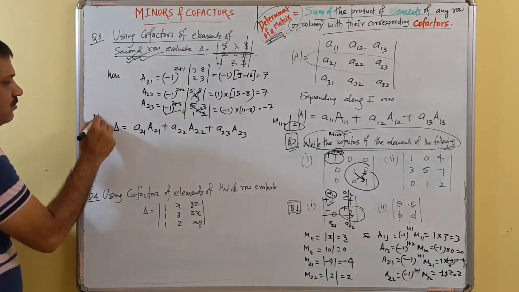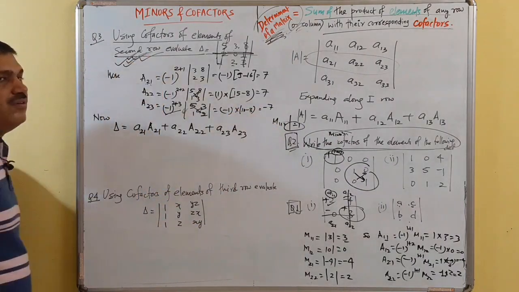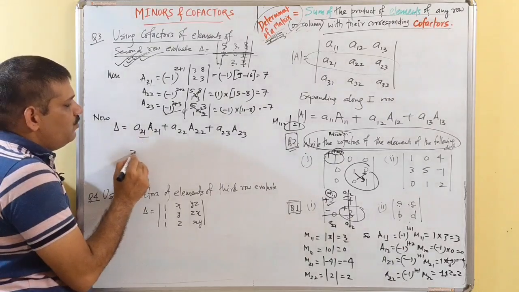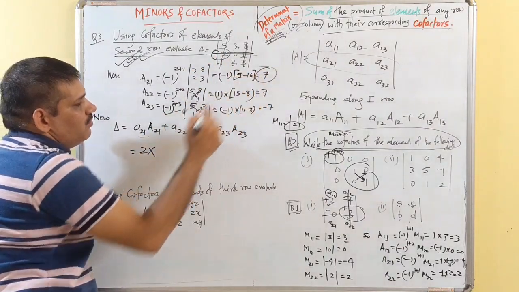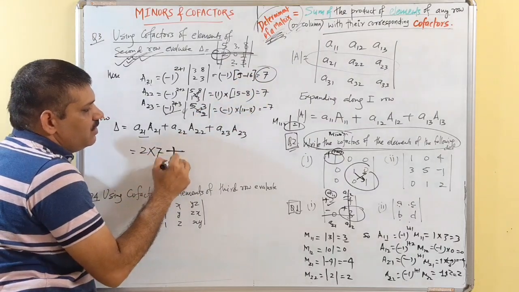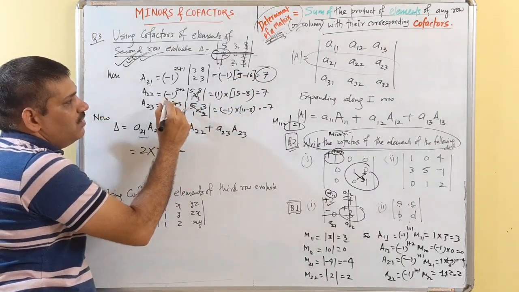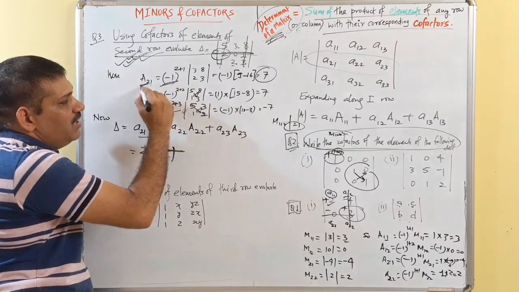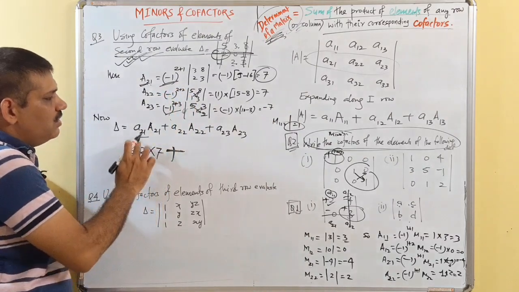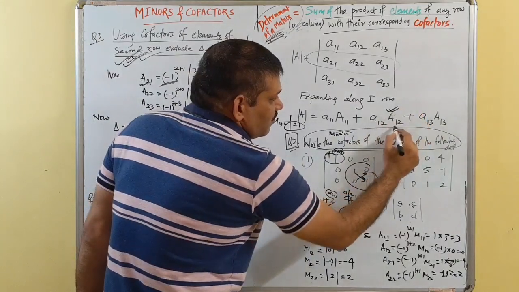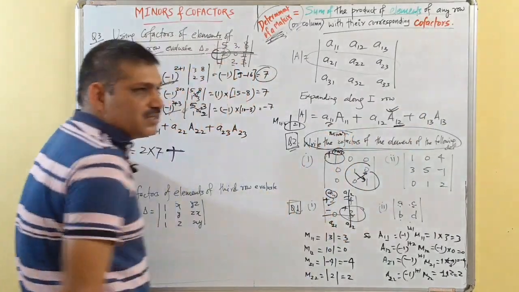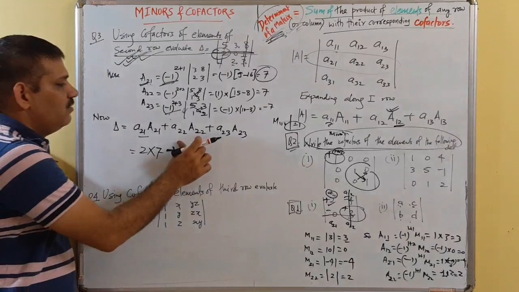Now if I use the second row, the element A21, this element 2 multiplied by its corresponding cofactor 7, plus. We haven't put minus here because in cofactors the minus is included, minus 1 raised to i plus j. Right.